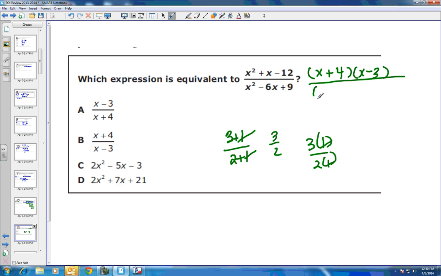Okay, on the bottom, are my signs the same or different? They're the same. And they are minus. Factors of 9 that when I add them, I get 6. 3 and 3. So now what happens? Now I can cancel my x minus 3's. And my answer is B. Okay?